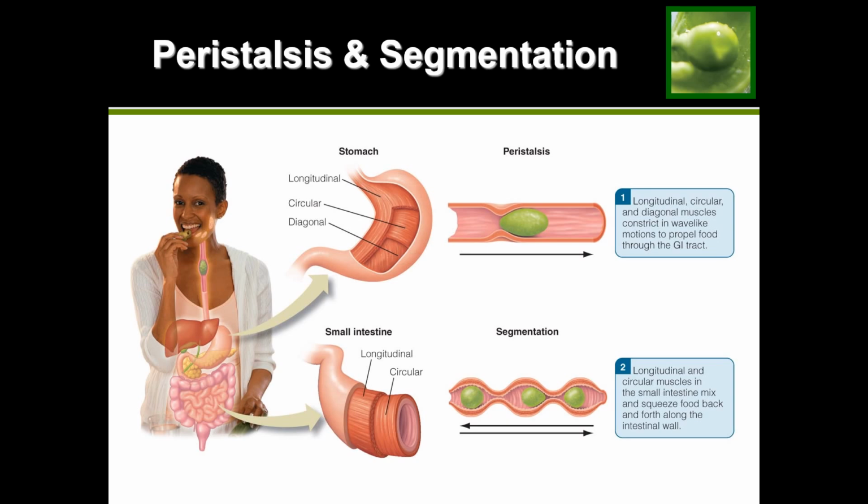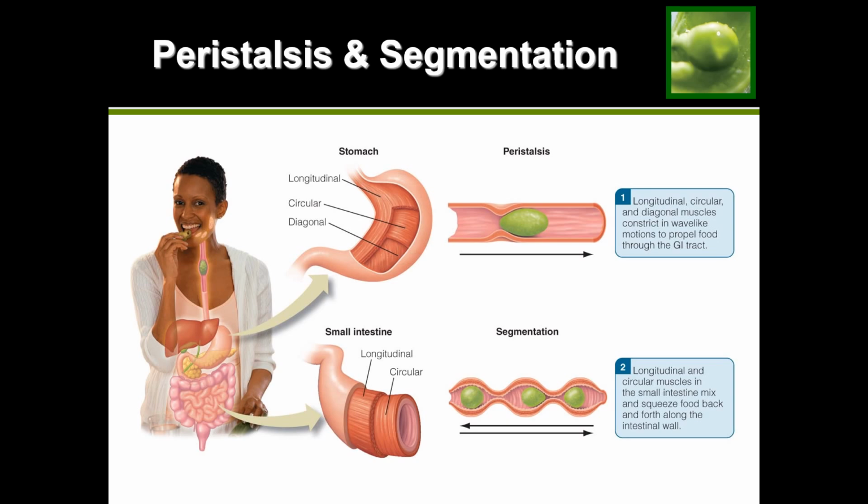And as the circular muscles contract on their own, basically we are crimping that digestive system, the small intestine, so that we are squeezing apart the food so that it is broken up into smaller segments.